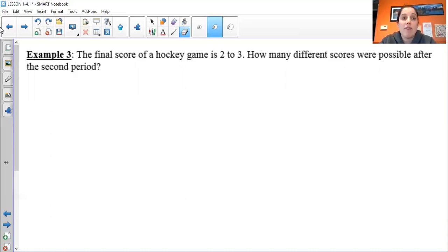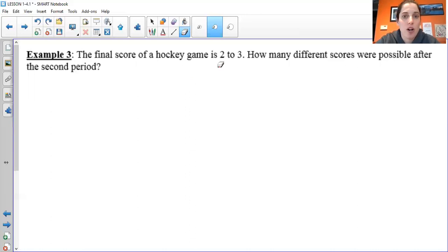So here I have an example: the final score of a hockey game is 2-3. How many different scores were possible after the second period? You don't really have to know how to play hockey. I've never been to a hockey game. There are 3 periods, but basically it's just saying at some point in the game.